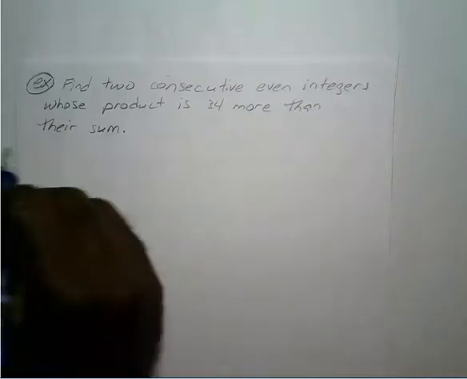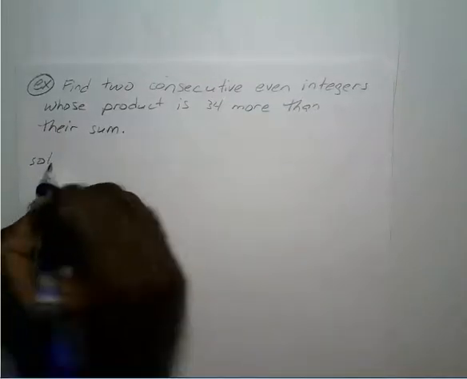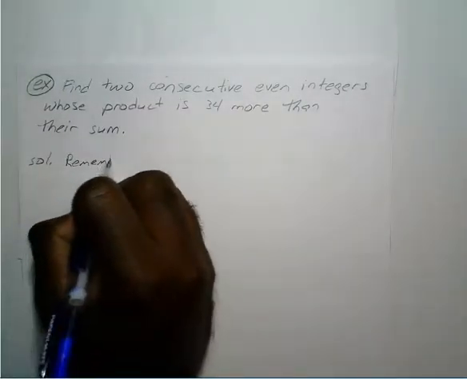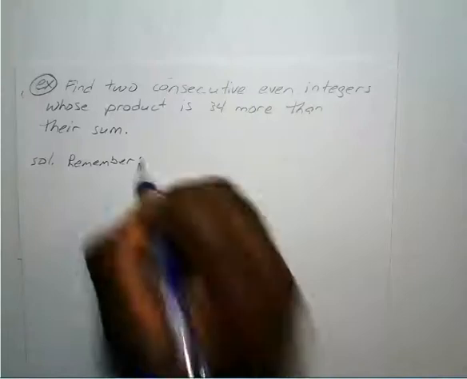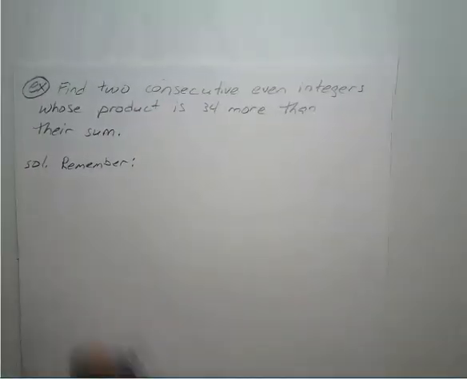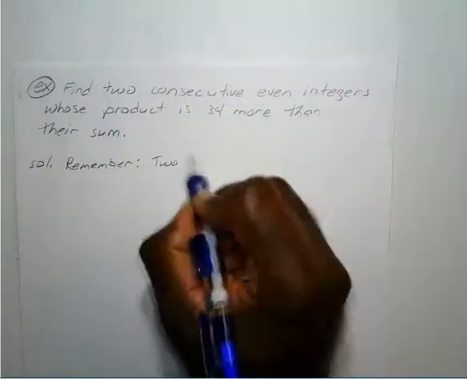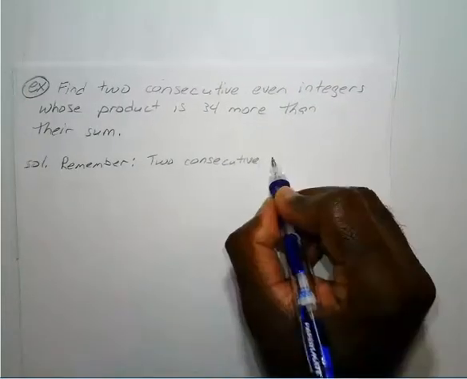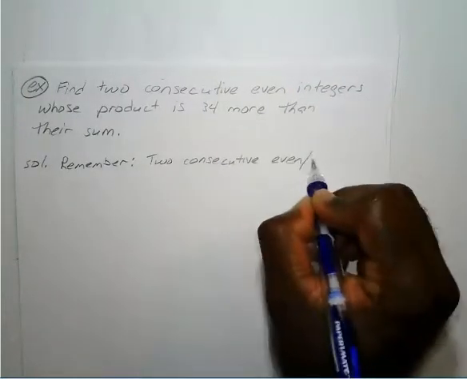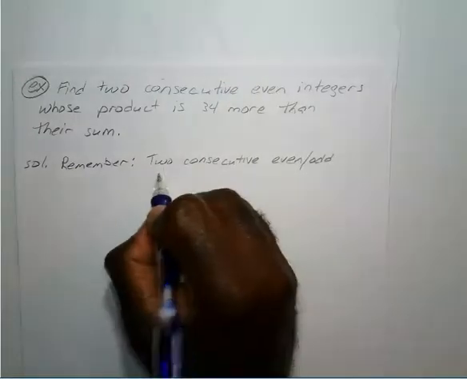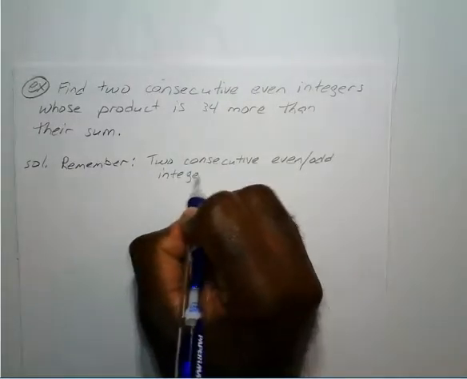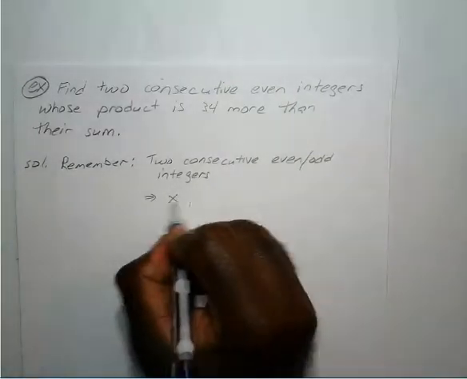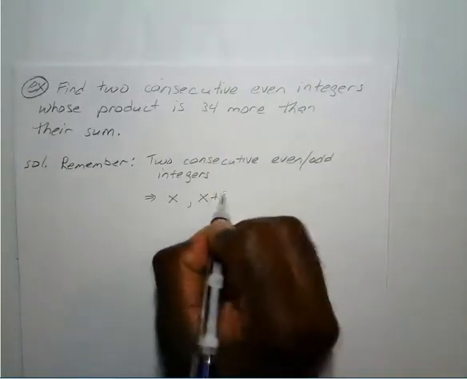So remember, two consecutive even integers, and the same thing with odd integers, you can actually make it x and x plus 2.